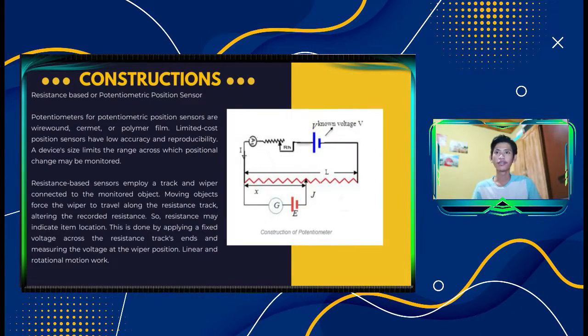Next, we move on to the construction of types of position sensors. And number one is the resistance-based or potentiometric position sensor. So here, a little background, in case you get confused, I will just discuss potentiometers or the potentiometric position sensor.